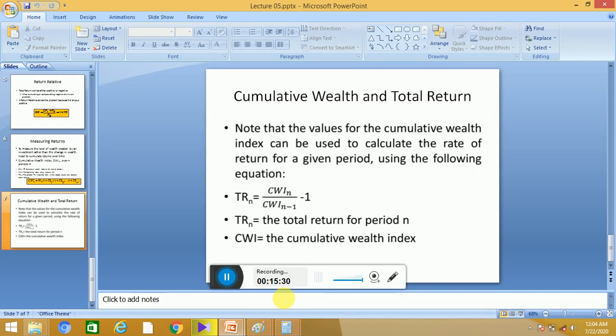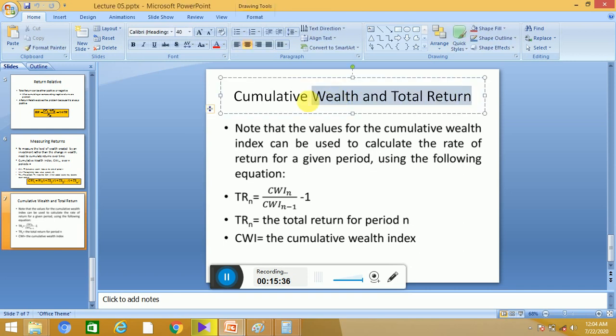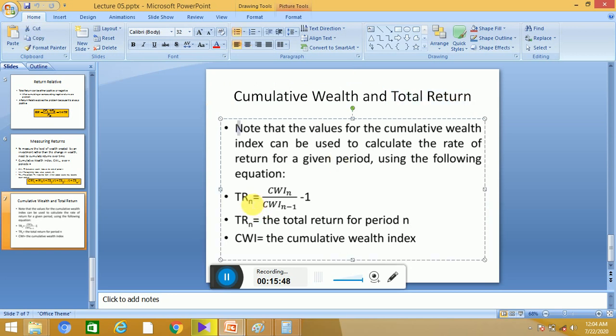Just like here it is mentioned that cumulative wealth and total return, means cumulative wealth can be used to calculate total return for n periods of time.